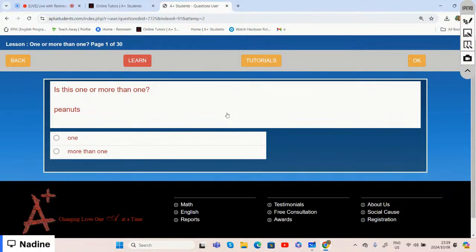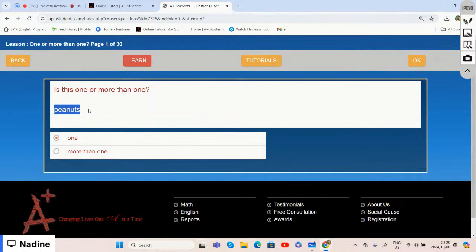All right. And if we were to choose the correct option, by saying if it is either one peanut or more than one peanut, remember, we are saying peanuts.